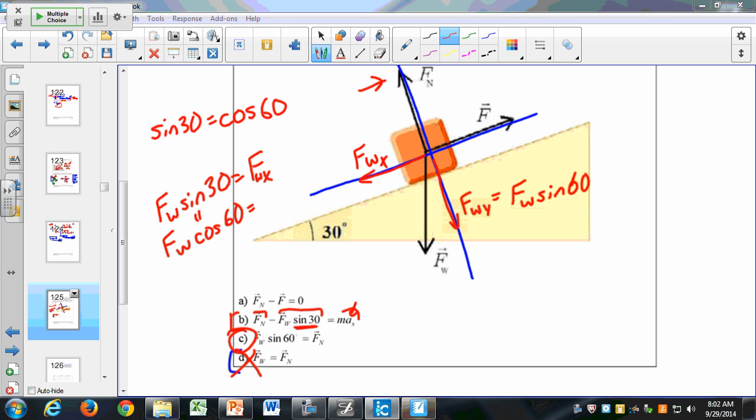That's the y component of our weight. Remember, this angle right here is equal to 60 degrees, and so the sine of 60 times the magnitude of the weight is equal to that y component. So C is the right answer.